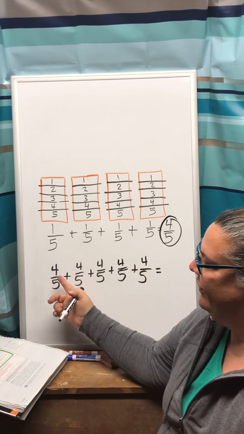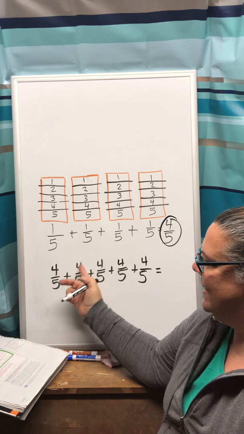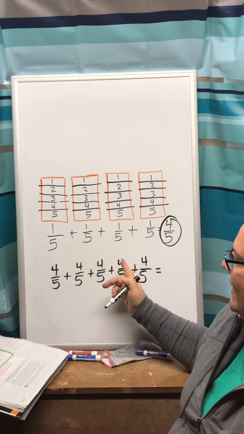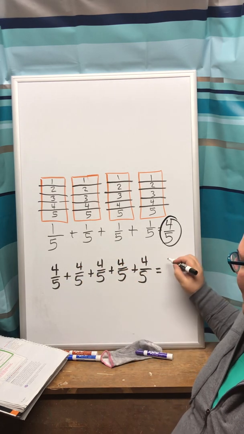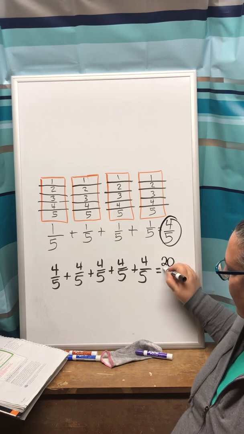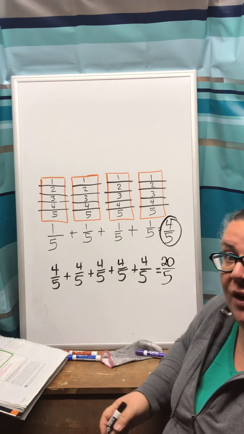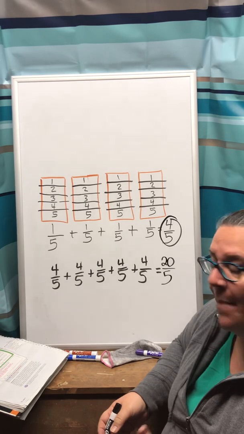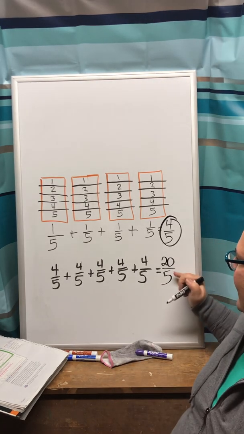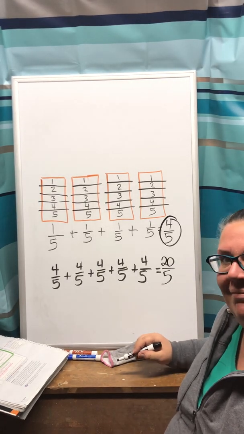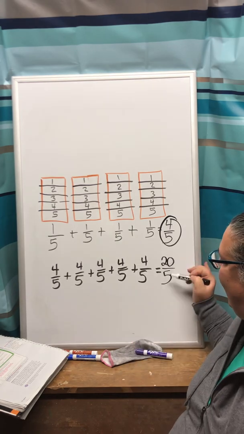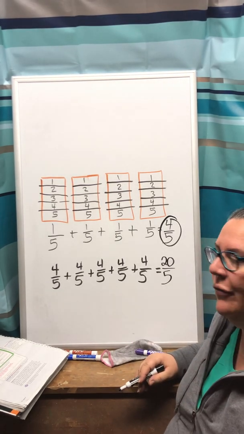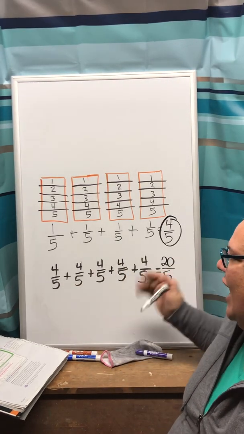So now I have 4, 8, 12, 16, 20 fifths between the 5 of them, and 20/5 simplifies down to 4 slices because 20 divided by 5 is 4. So that's a way that I can check my work.